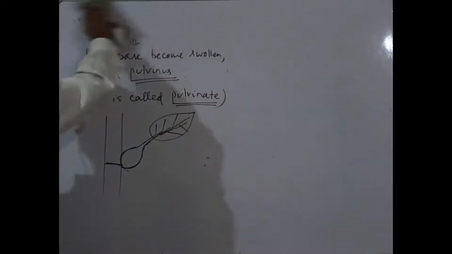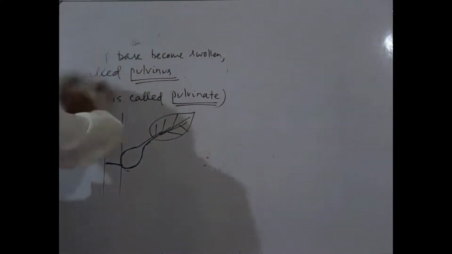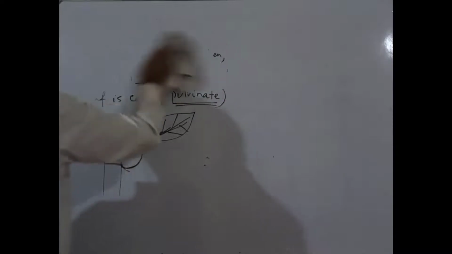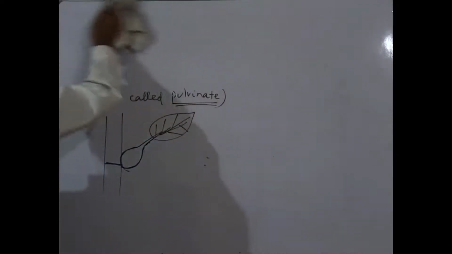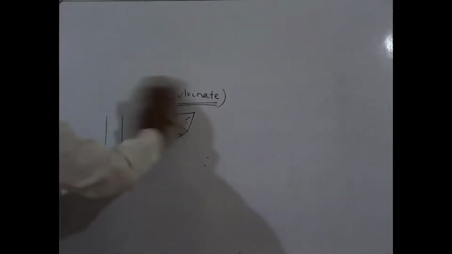So petiole is the stalk of the leaf. लेकिन सारे लीफ का पिट्यूल नहीं होता है, कुछ लीफ का पिट्यूल लेस भी होती है, उनमें पिट्यूल नहीं होता है। ओके, start with the petiole.